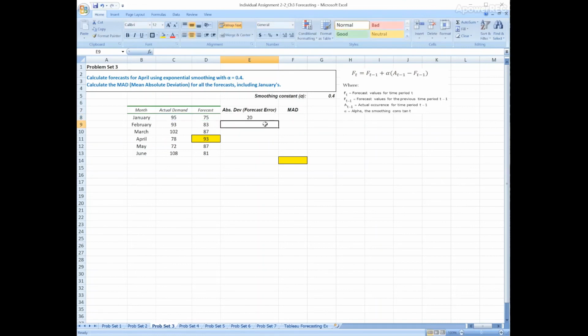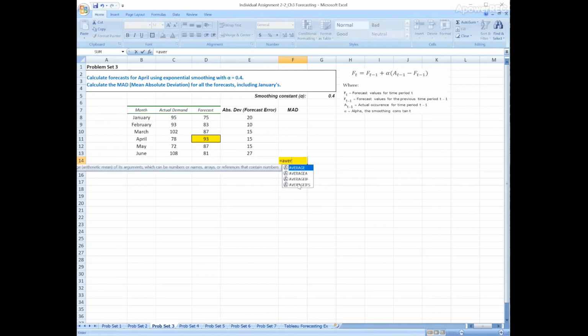Similarly, following the same methodology in the remaining months, you just need to drag it down to June for calculating the absolute value of the actual demand minus the forecasted demand in each month respectively. Now we can calculate the mean absolute deviation, which is the average of all the absolute deviations for exponential smoothing, so the average of all your forecast errors. So the sum of the absolute deviations over the 6 months, using the average function, gives 17. Let's move on to the next question.